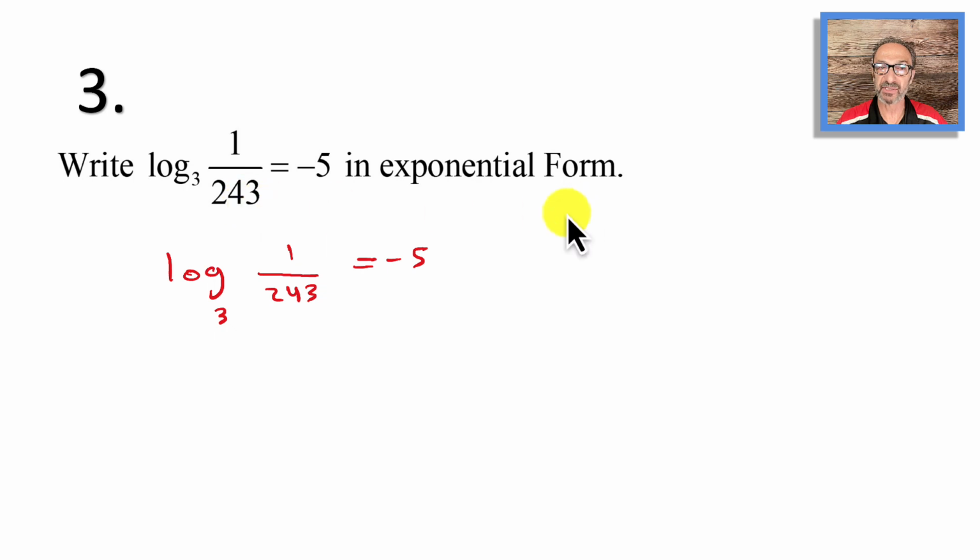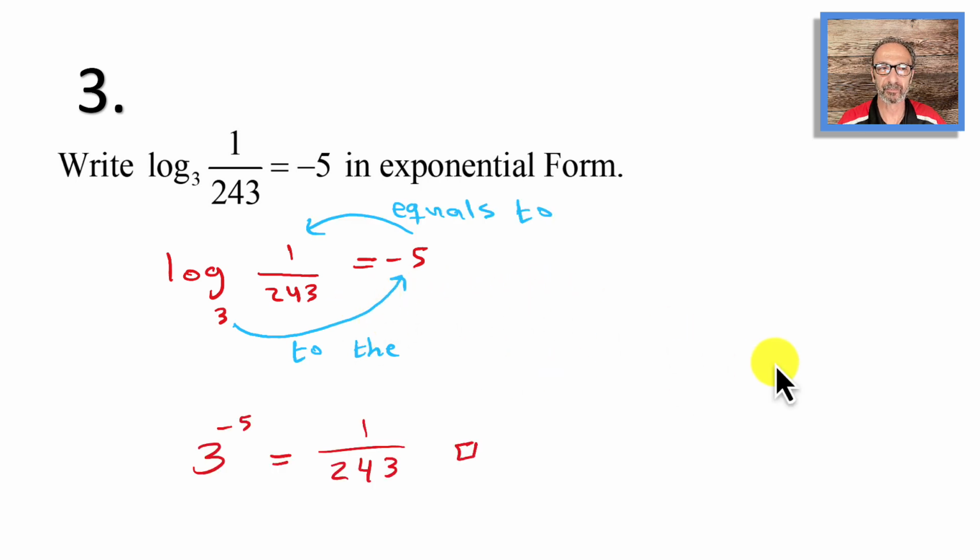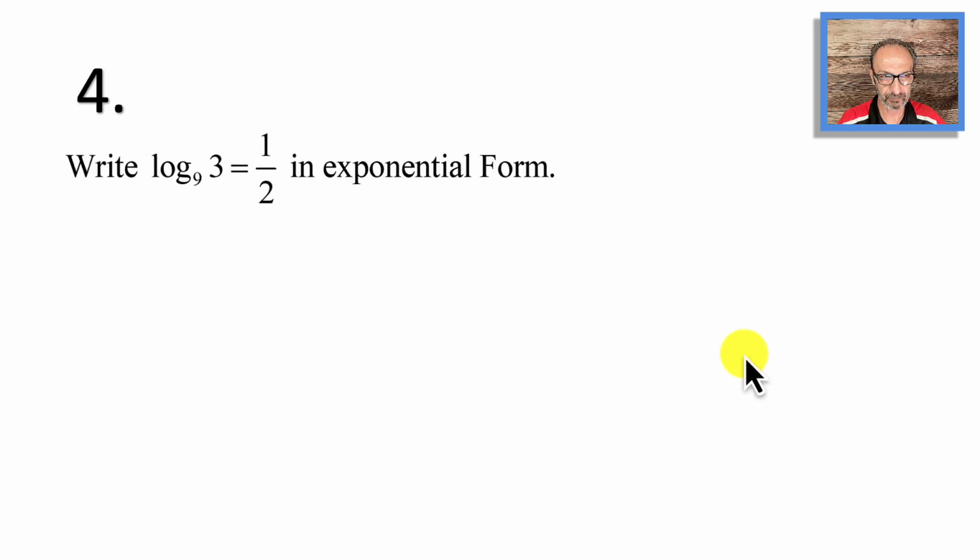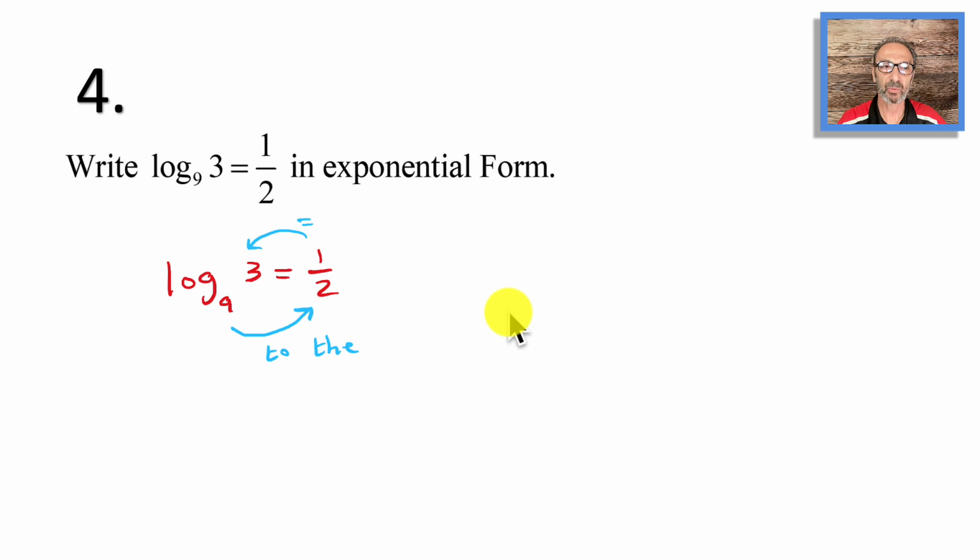To read this in exponential form, we say 3 to the power negative 5 equals 1 over 243. Next one. 9 to the power half, or square root of 9, equals 3. 9 to the power half means the square root of 9 equals 3.